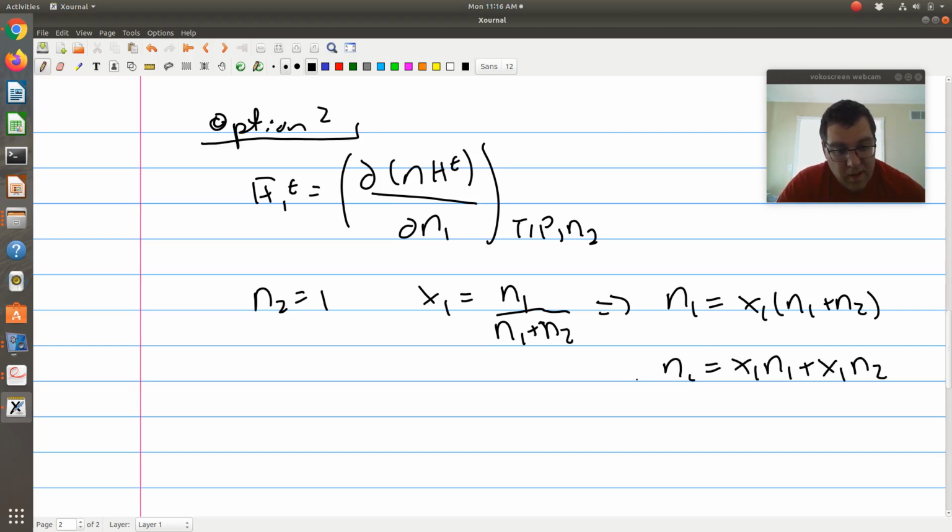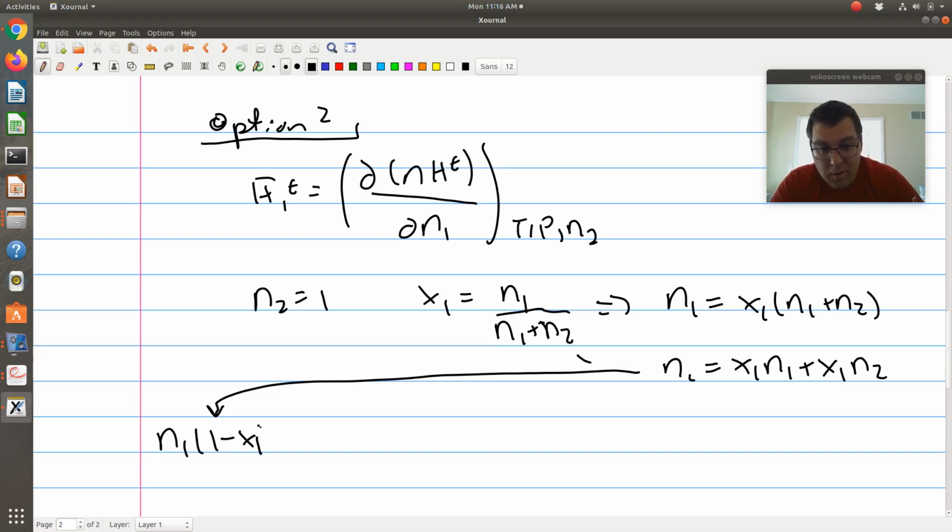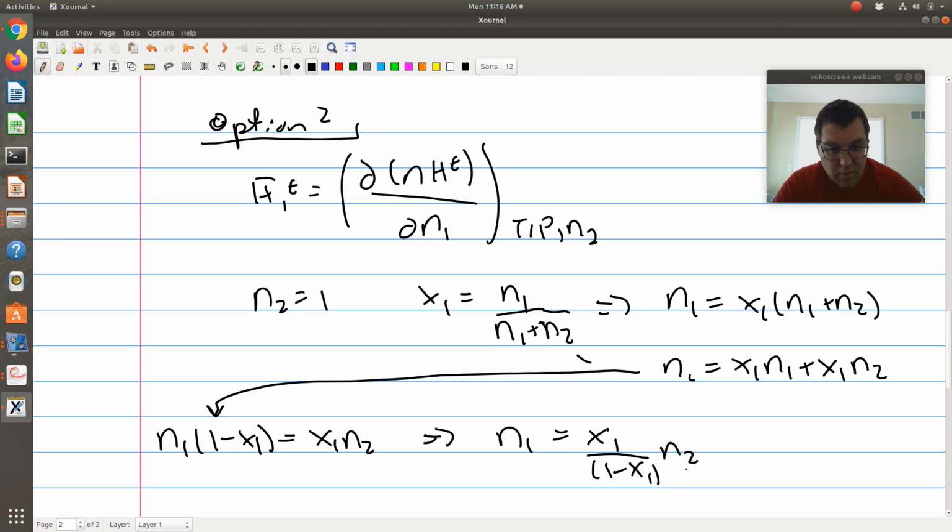If I bring that over, I have n1 times (1 minus x1) is equal to x1 n2. Therefore, n1 would be x1 divided by 1 minus x1, times n2.